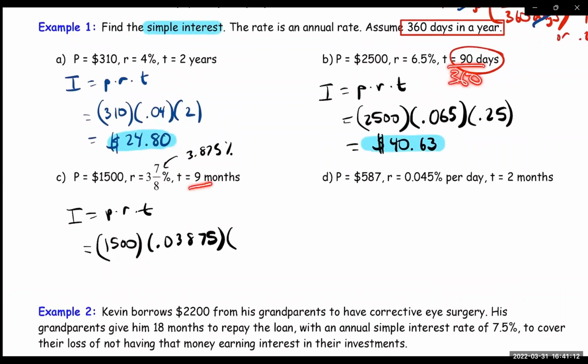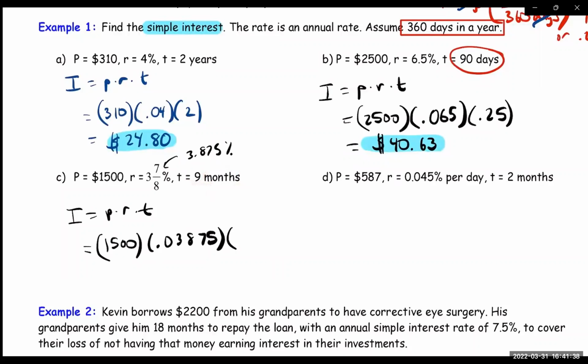I personally would convert the months into days, which is 9 months will be, how many days? I can't think right now. I just know that 9 is 3/4 of the year, so it'd be 0.75. Because there's 12 months in a year, all you have to do is divide by 12.